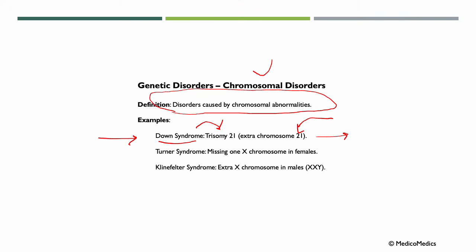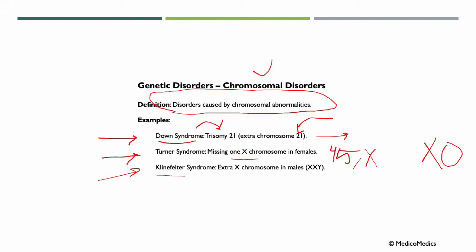We also have Turner syndrome, also known as monosomy X, where an X chromosome is missing, or we only have one X chromosome, and this only affects females. It's also written out as 45,X or XO. And the typical presentation is short stature, delayed puberty, and infertility.